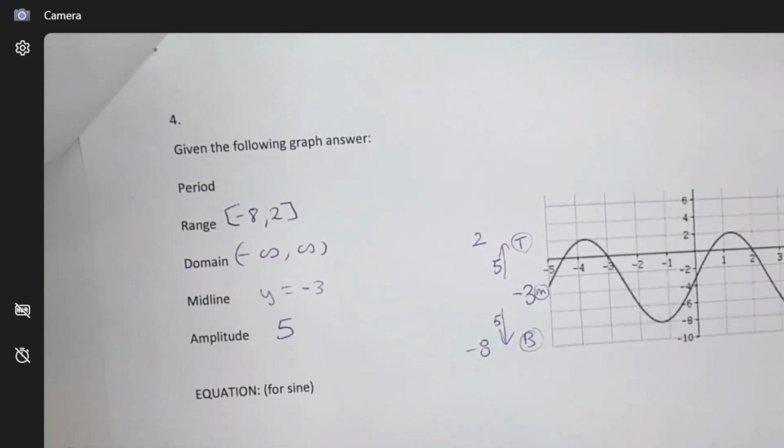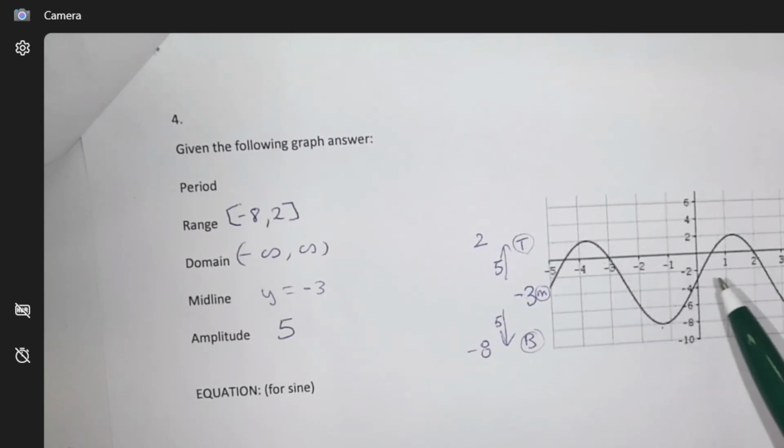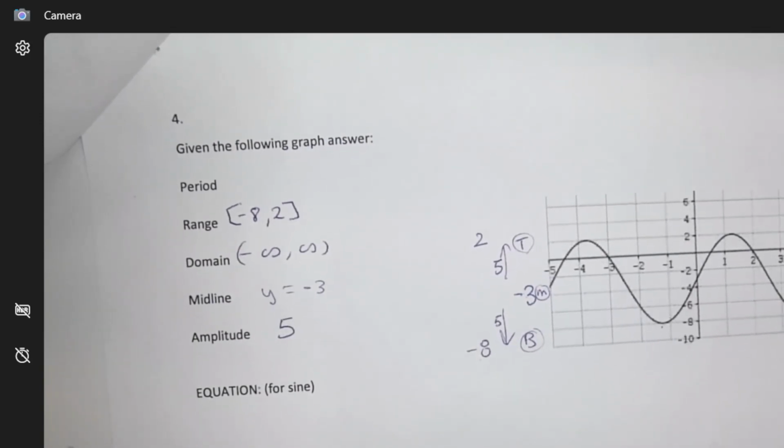Okay, so we need to figure out the period. I need you to take some kind of coordinate and move to the next same coordinate. So what do you want to do? Do you want to do this bottom to this bottom? Top to top, a middle to a middle? You have to pick something. Doesn't matter.